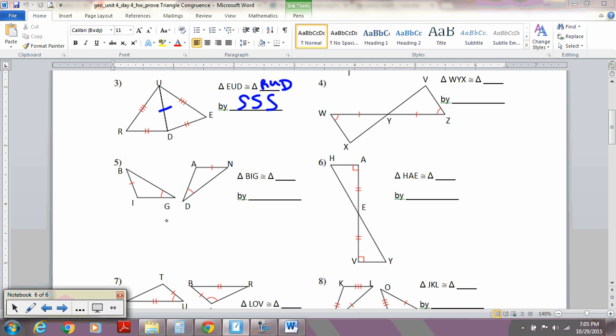But I don't know how the other two sides or any of the other angles are related. So we don't have enough information. So we have to say not congruent. We need 3 parts or it has to be a right triangle in order to prove that they're congruent, but we only have 2.